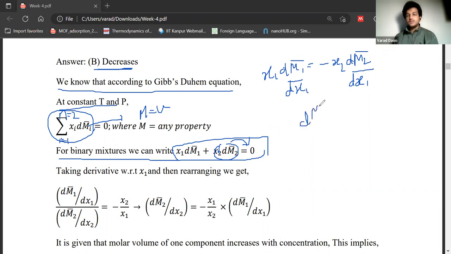That means d m1 bar by dx1, which is this expression, divided by d m2 bar by dx1, is equal to minus of x2 by x1.